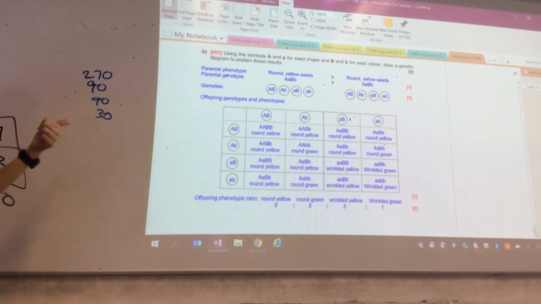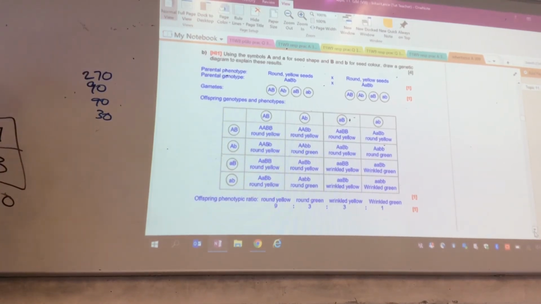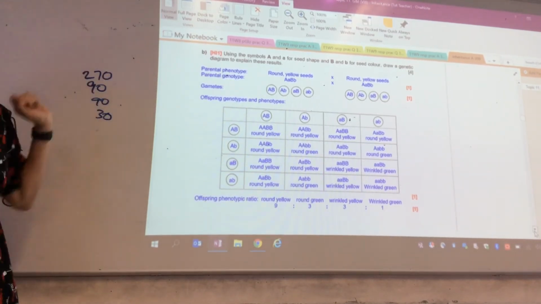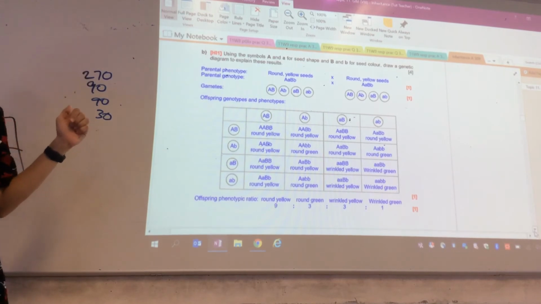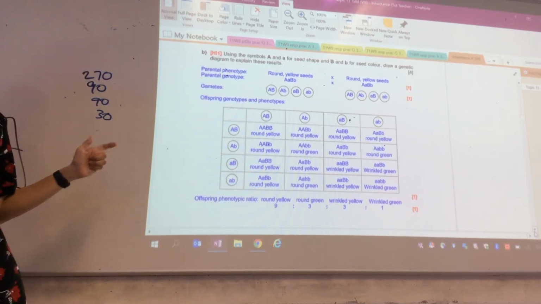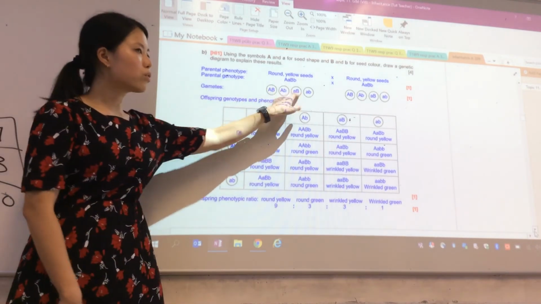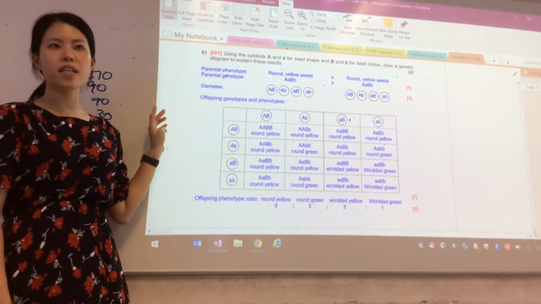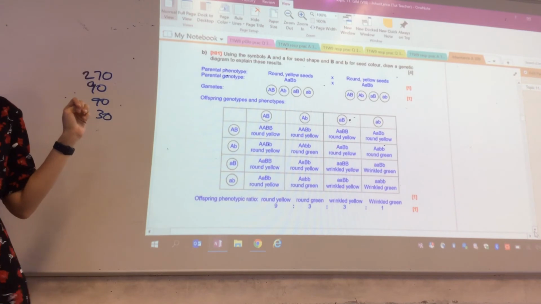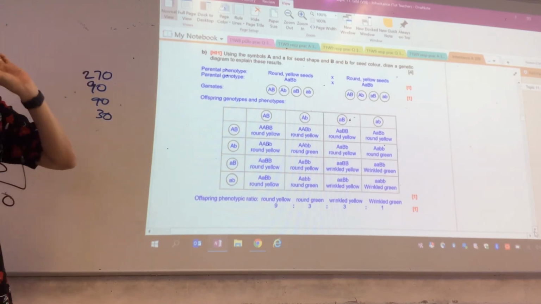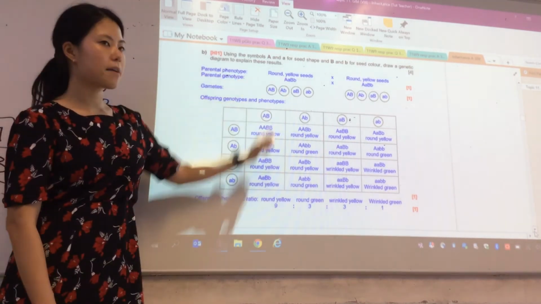So 1 mark is for the genotype of parents, right? They gave you the phenotype, you have to write the genotype yourself. The 2nd mark is for gametes that are circled. You need to draw 4 gametes because of independent assortment and segregation. So you get 4 possible gametes from this genotype.